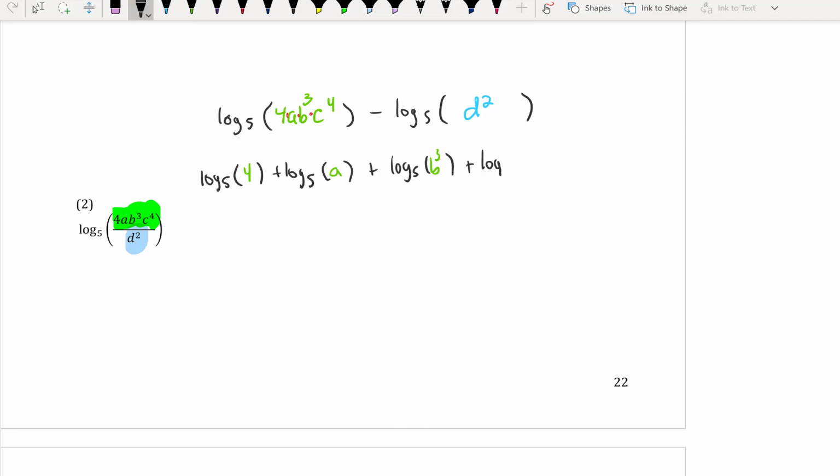So then log base 5 of my c to the 4th power. And I have my log base 5. And here what I can see is that my exponent is 2.